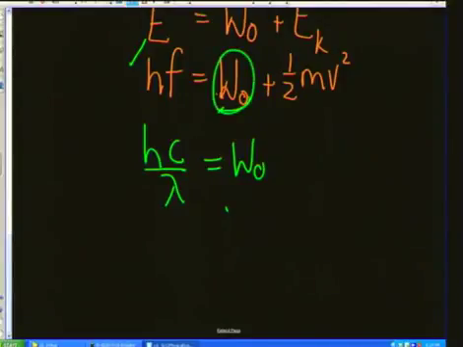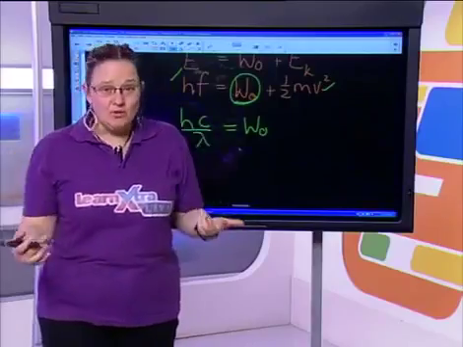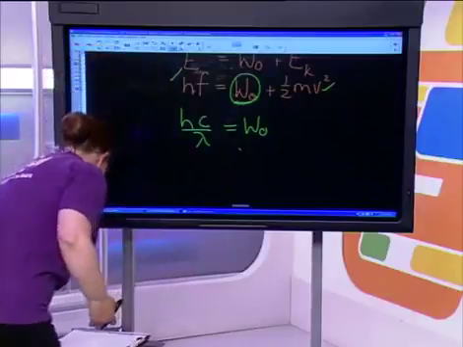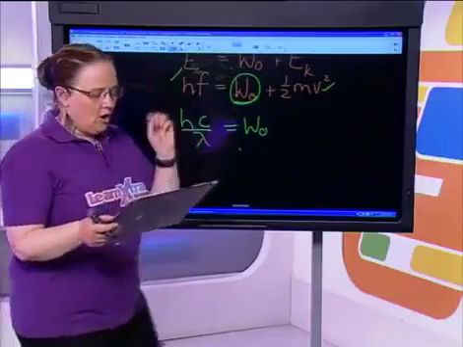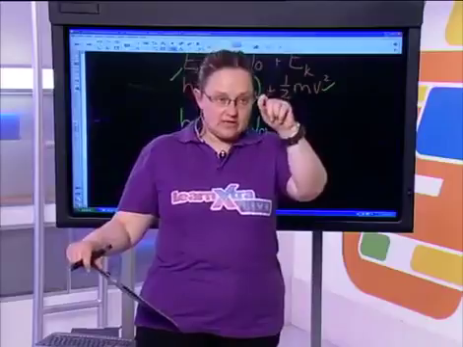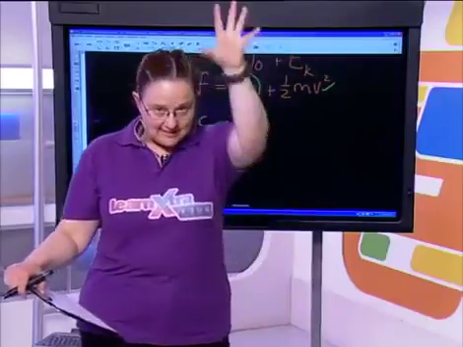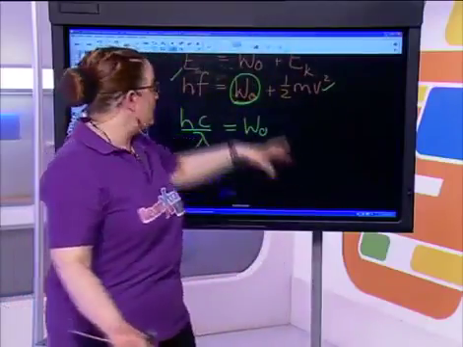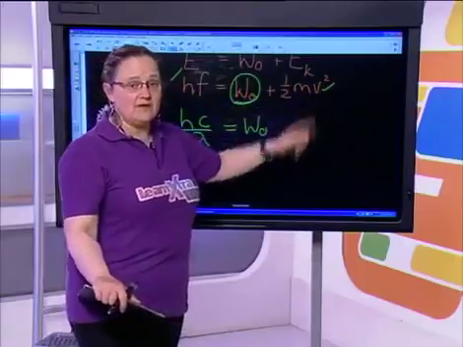Now we go here and we say, I know v, and I bet you anything you're now going, hang on, wait, Tracy. What mass do we use? Guys, this is not something you're expected to know. In fact, I can't even tell you what the mass of an electron is without looking it up. On your information sheet, on your data, your constants, it will give you the mass of an electron.